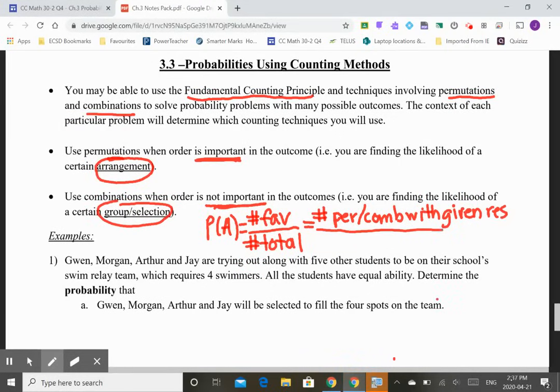The number of total outcomes comes from the number of permutations or combinations with no restrictions. The total number of permutations or combinations possible with the number of items you have. So permutations and combinations with the given restriction becomes your numerator. Permutations and combinations with no restrictions becomes your denominator, and that becomes your probability.